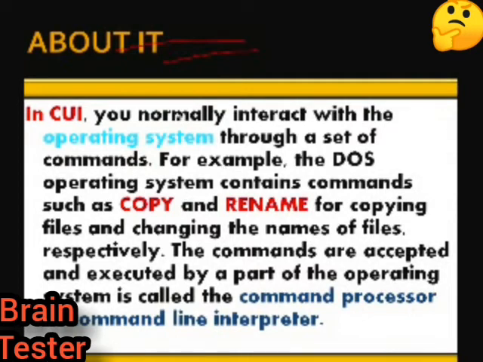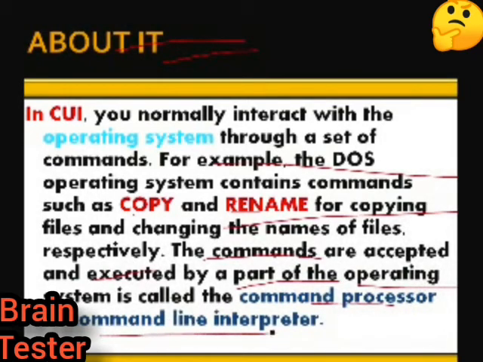For example, the DOS operating system contains commands such as copy and rename, which I have underlined, for copying files and changing the names of files respectively. The commands are accepted and executed by the part of the operating system called the command processor or command line interpreter.